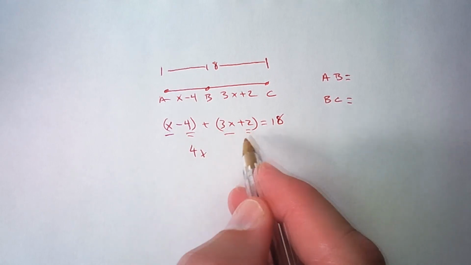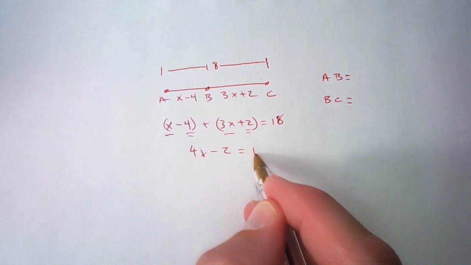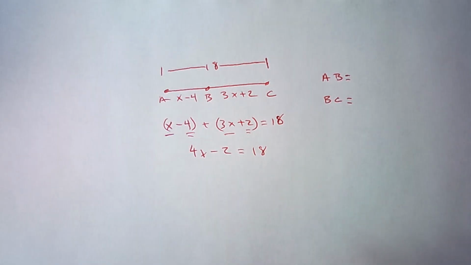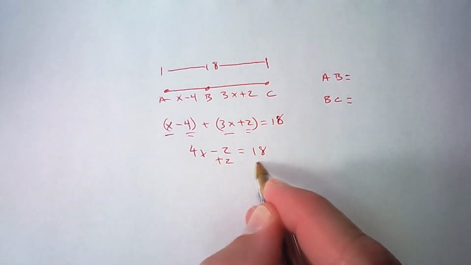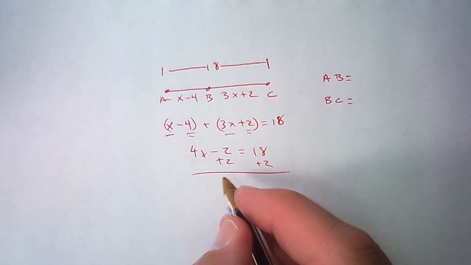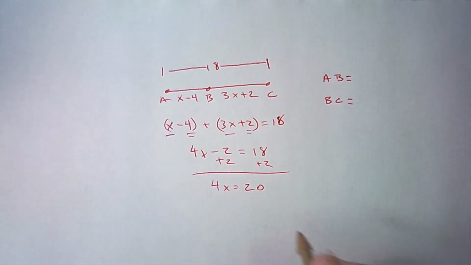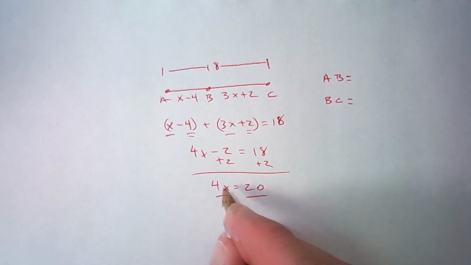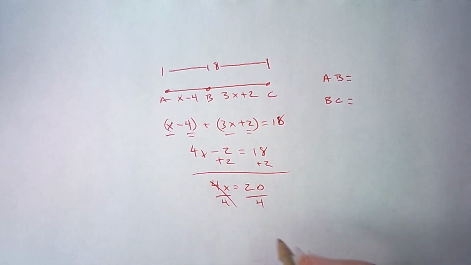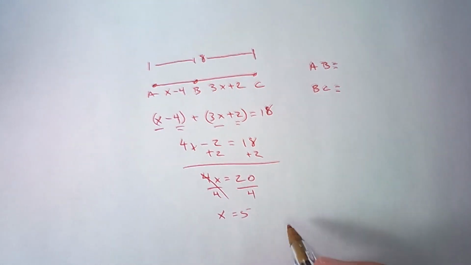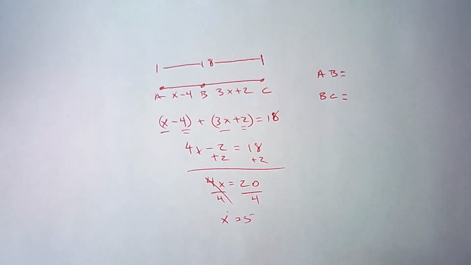Negative 4 plus 2 is negative 2, equals 18. So I'll add 2 to both sides. So I get 4x equals 20. And I'll divide by 4, and 20 divided by 4 is 5. So I have a value of x of 5.